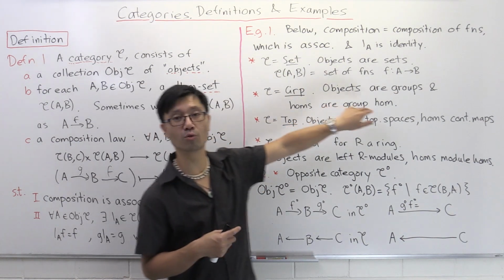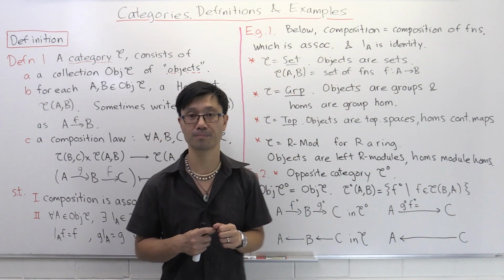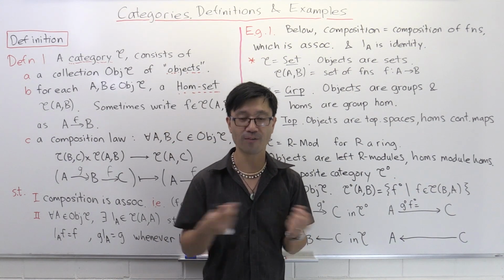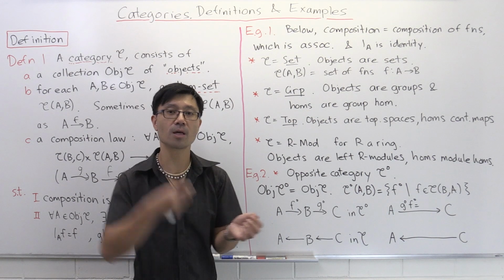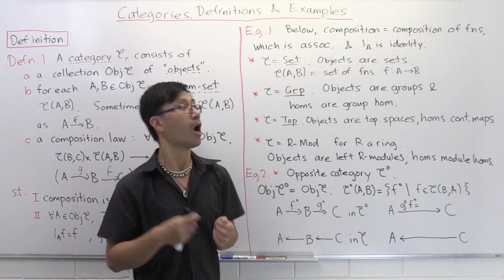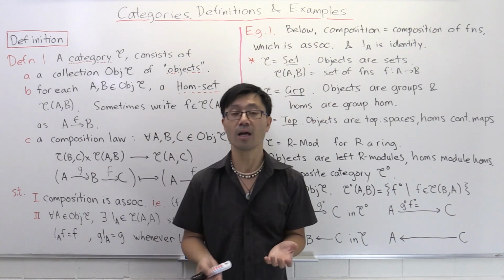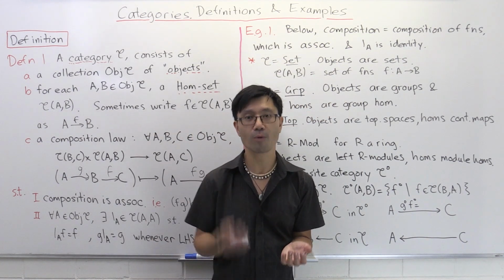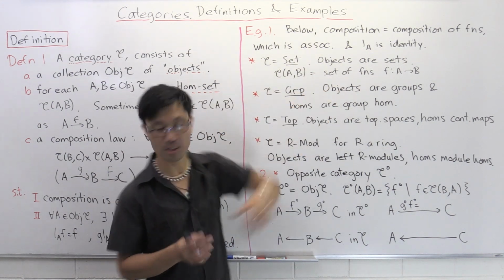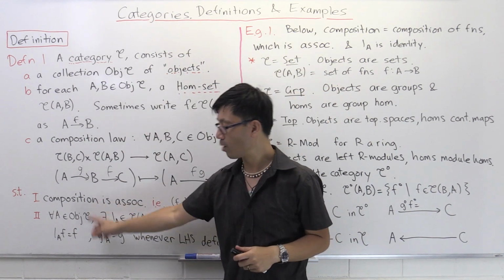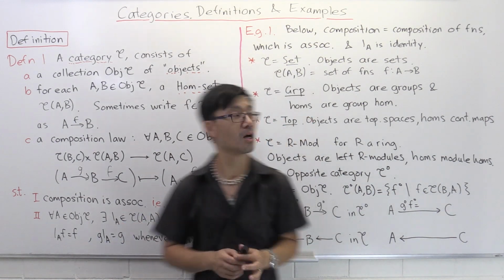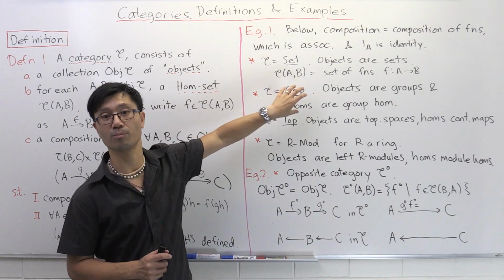They're just the group homomorphisms from A to B. Of course, we know that when you compose these as functions, the composite of group homomorphisms is a group homomorphism. Similarly, the identity gives you a group homomorphism. So that's a well-defined element inside these HOM sets, and we can use these to define the identity elements here. So this gives you the category of groups.